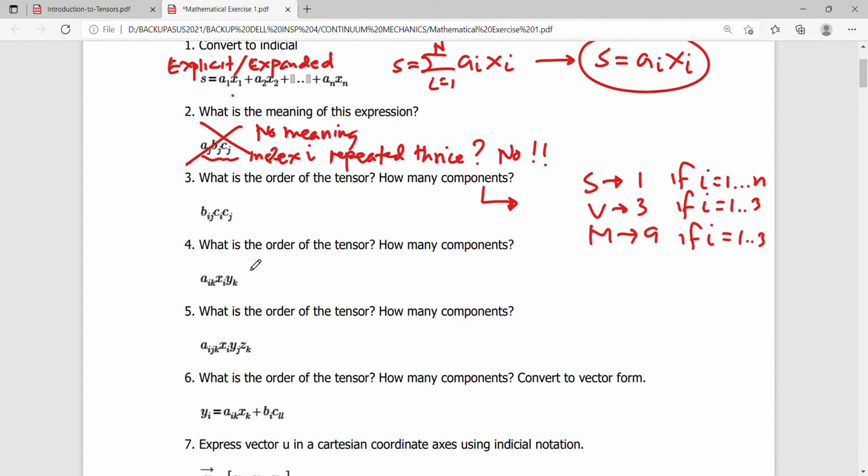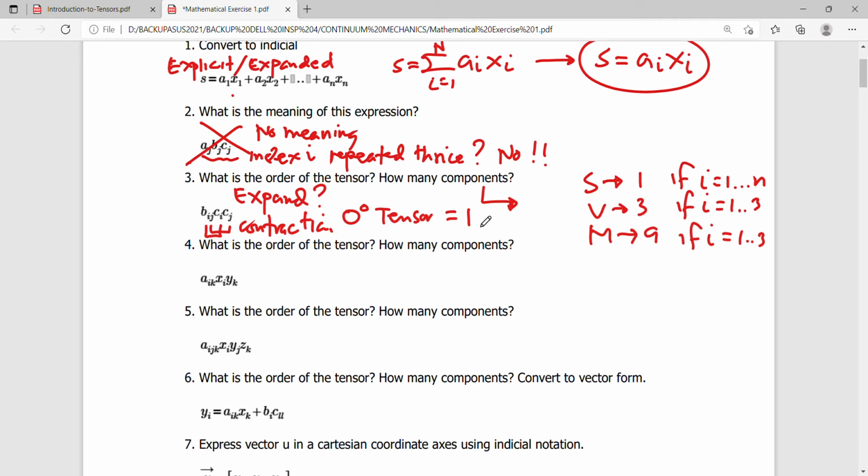So for this particular scenario, we need to expand in order to get the number of components we have, or simply use the rule. And we know that the rule states that we can contract. So simply by contraction, i and j will collapse and it will yield a 0 degree, or 0 rank tensor, and therefore your number of components is simply 1.